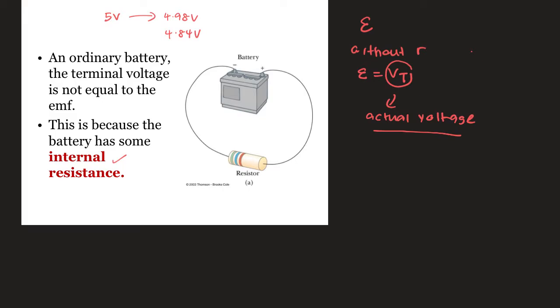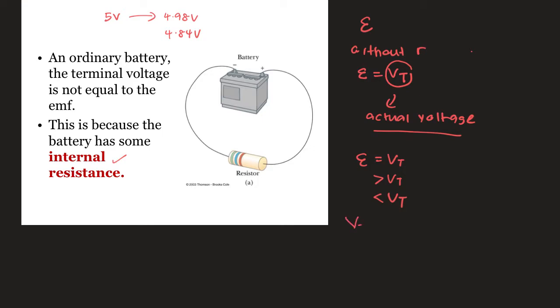So if you have internal resistance inside the battery, your terminal voltage can be more or can be less than the EMF. This depends on the charging and discharging concept. Mostly we are going to use this equation to find the terminal voltage, or we can say the actual voltage.